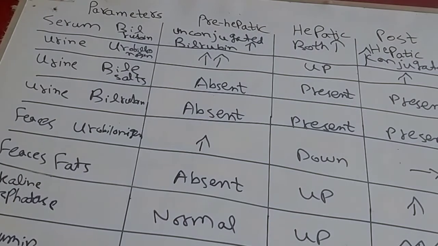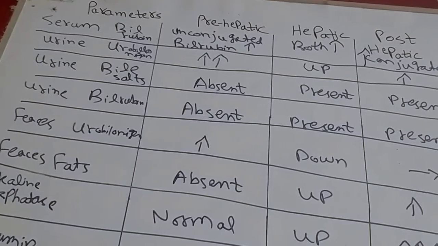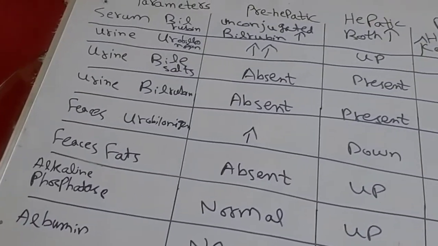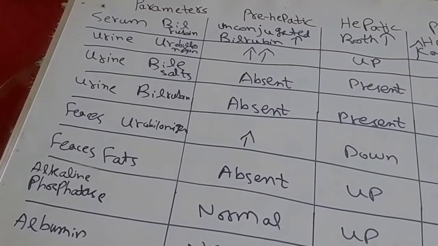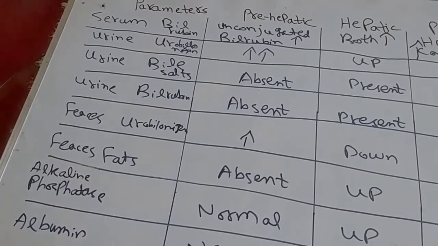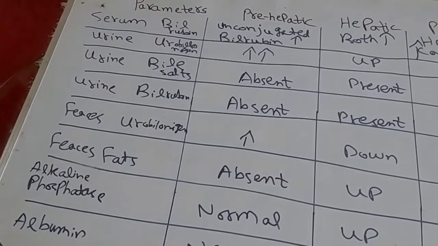So first of all, starting from the pre-hepatic one. We will rotate the camera in order to bring more clarity. The level of unconjugated bilirubin in pre-hepatic jaundice has increased. Then the level of urobilinogen has also increased.